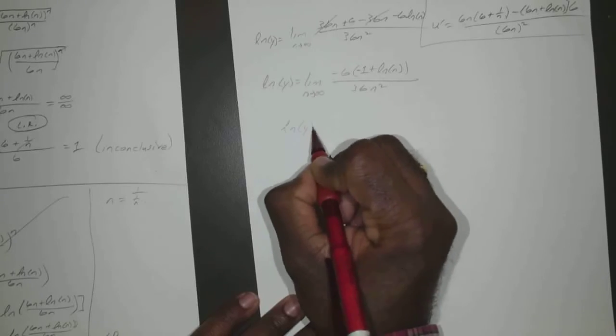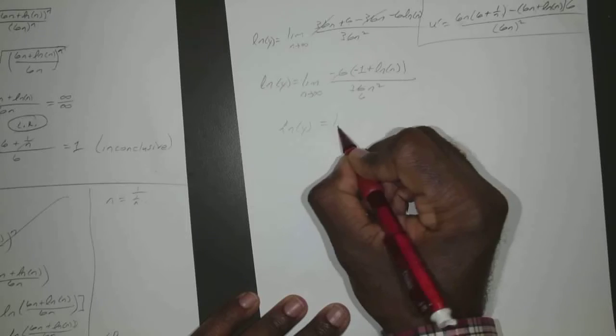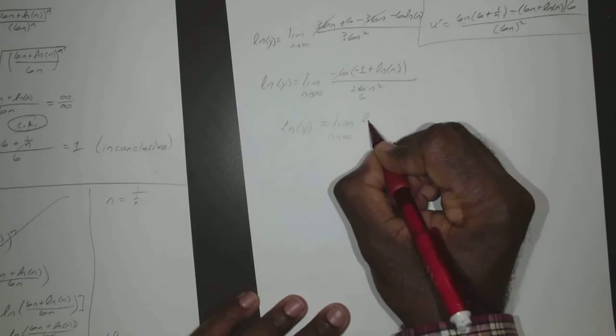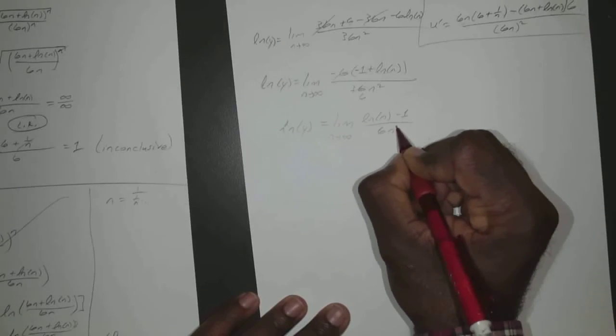So our natural log of y, once these two cancel out, is going to equal the limit as n approaches infinity of natural log of n minus 1 over 6n squared.